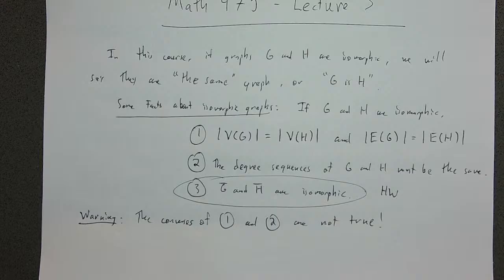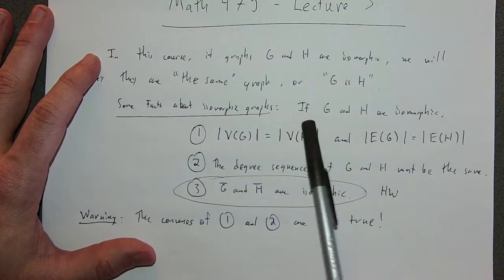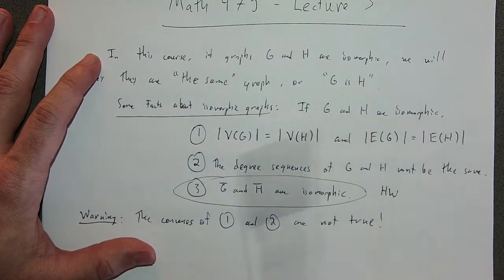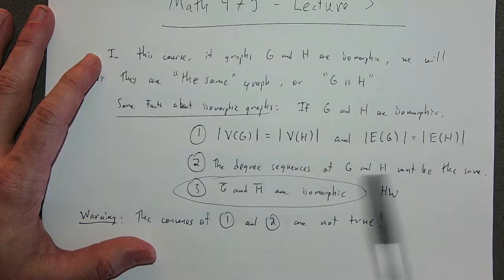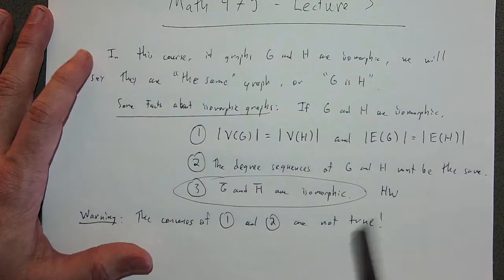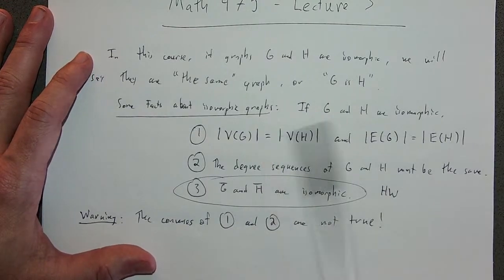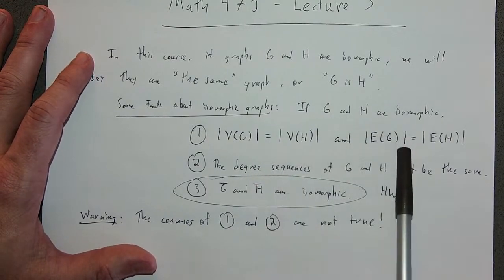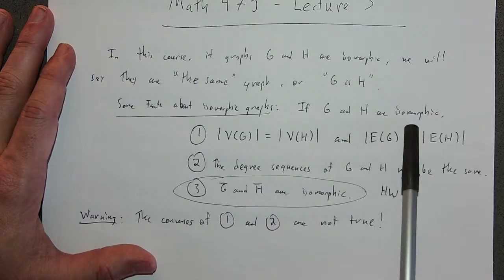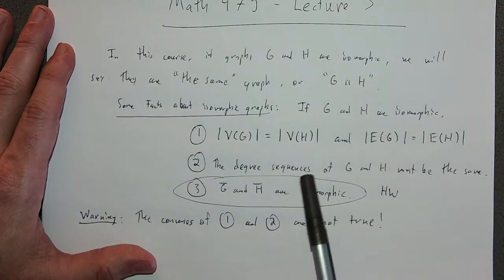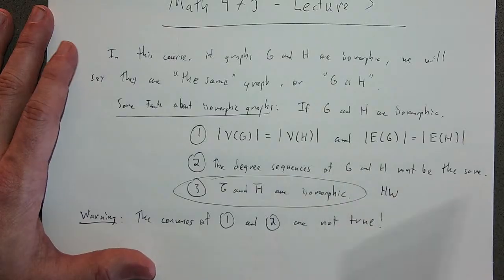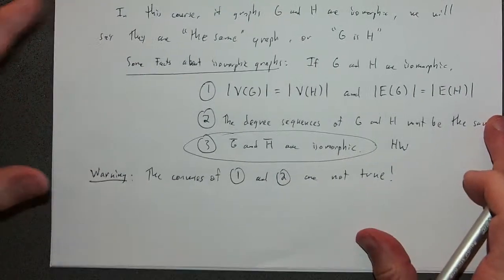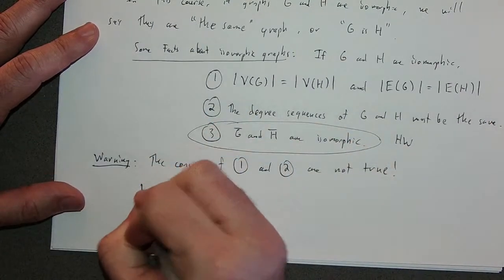I mean the converse statements of: if G and H are isomorphic, then they have the same vertex and edge counts, and if G and H are isomorphic, the degree sequences of G and H must be the same. The converse statements are: if two graphs G and H have the same vertex and edge count, they are isomorphic. That's false. And if the degree sequences of two graphs match up, they're isomorphic. That's also false. So I'm going to give you a counterexample to both of those right now.